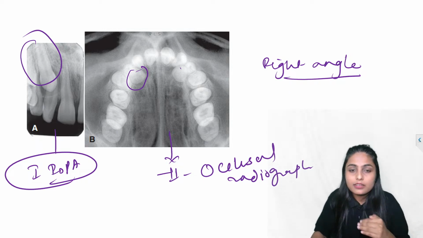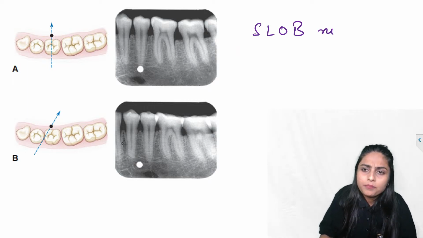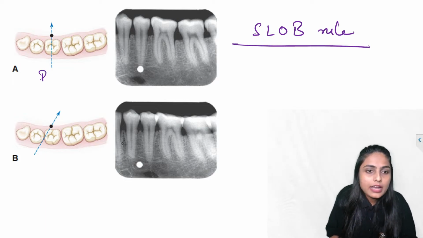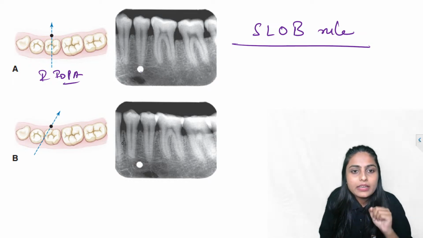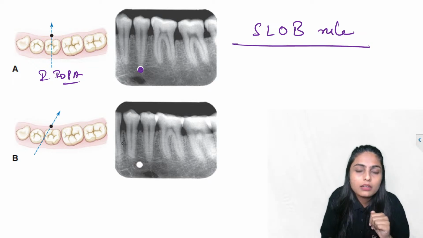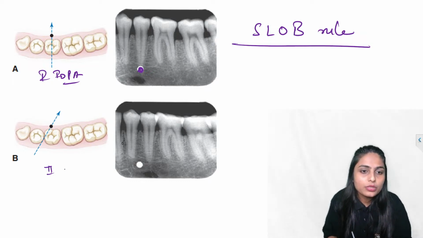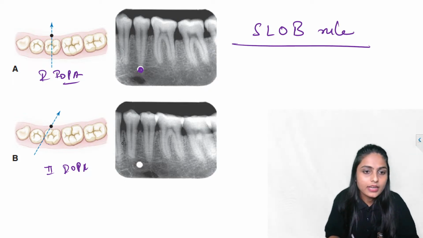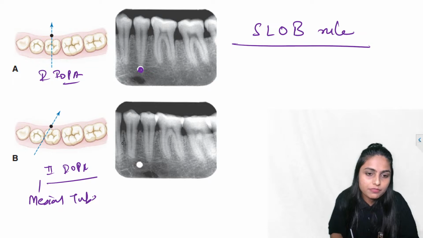Now the next technique is the SLOB rule. SLOB rule is also very easy. First you take an IOPA with normal angulation, and you notice some foreign material, say this small radiopaque mass. Now the second radiograph you take by shifting your X-ray tube to the mesial side, a mesial tube shift.